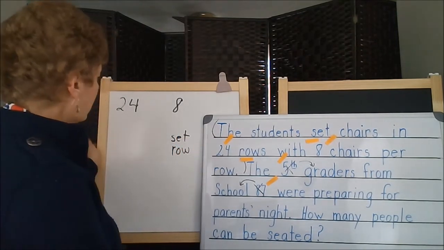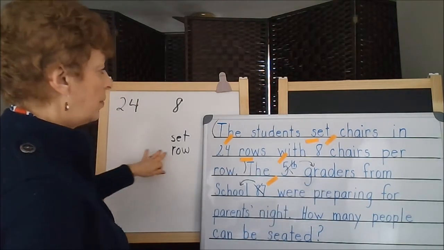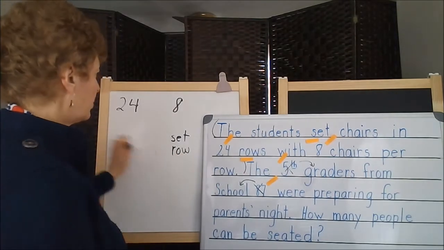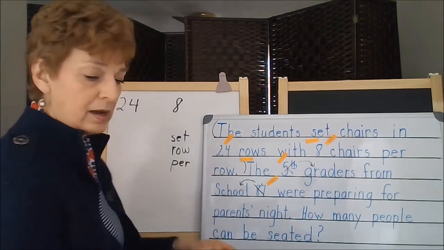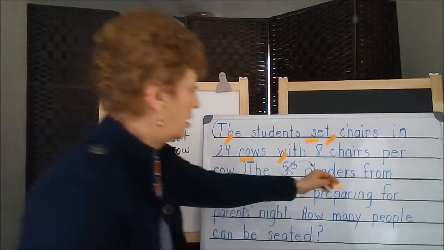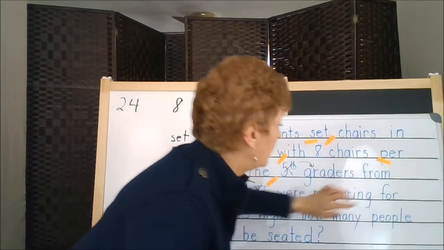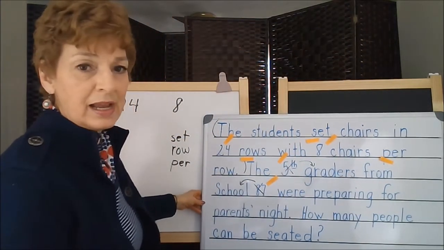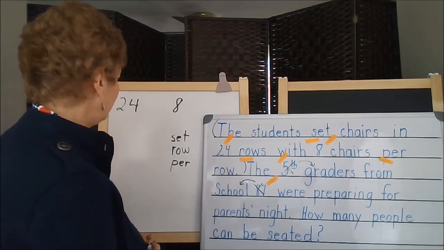If we have 24 rows with 8 chairs per row, oh, that's another one, I didn't even see that one until now. I need another sticky for that because it's per. Which gives us much more of an indication that it is a multiplication problem.